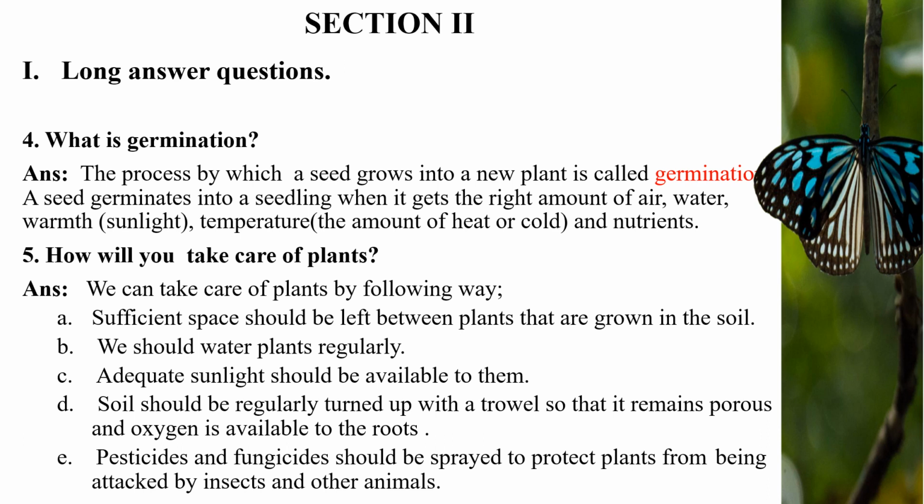Fourth, soil should be regularly turned up with a trowel so that it remains porous and oxygen is available to the roots. Next, pesticides and fungicides should be sprayed to protect plants from being attacked by insects and other animals. In these ways, you can take care of plants.